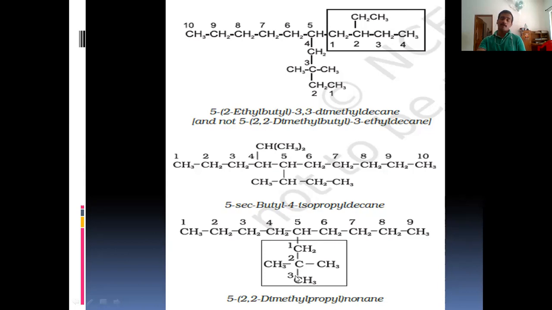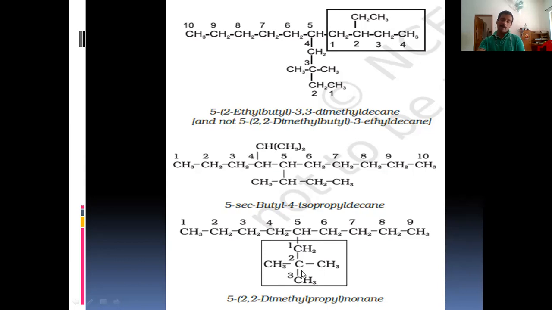Here 1, 2, 3, only 3 carbon atoms. Even though it is branched, the number of carbon atoms is less. So you have to consider it as the substituent. Where is the substituent? In the second carbon atom, 2 methyl groups are substituted. So what is the name of the substituent?